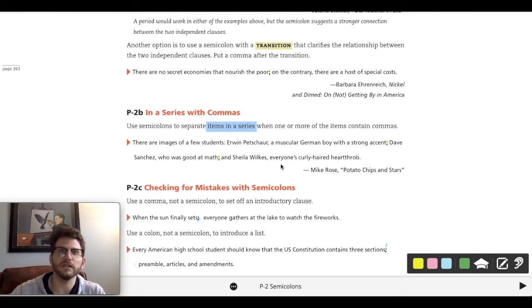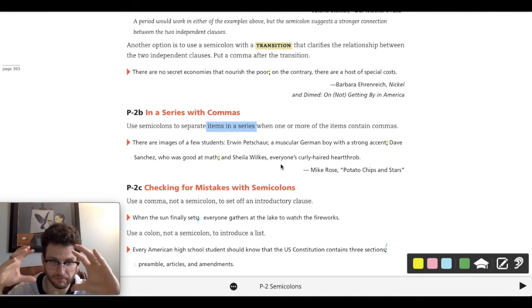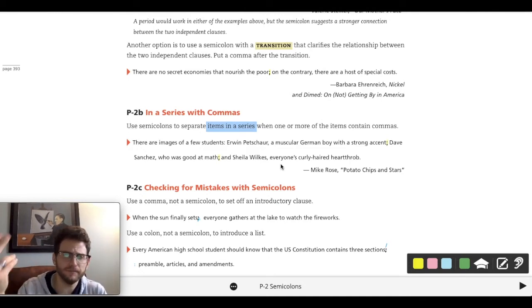A complex list is a list in which each individual item has punctuation nested inside of it. And if you look at the example here, you'll see. But one of the ones that I always like to use with my students is if you were listing a bunch of cities and states that you'd been to, right?